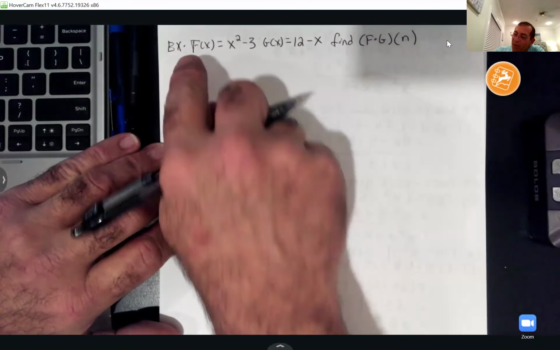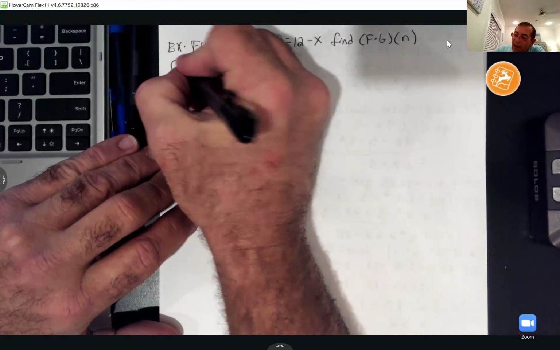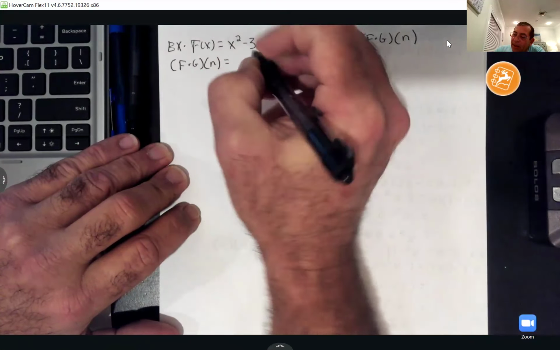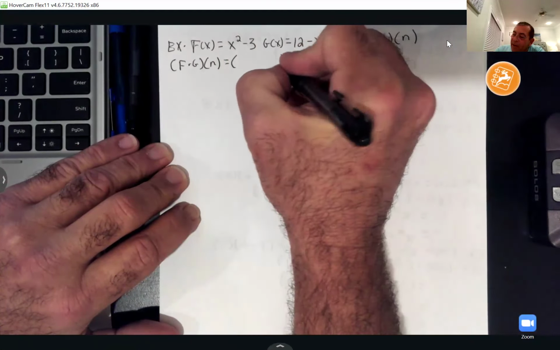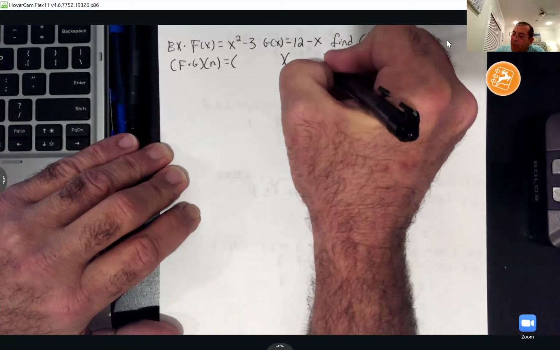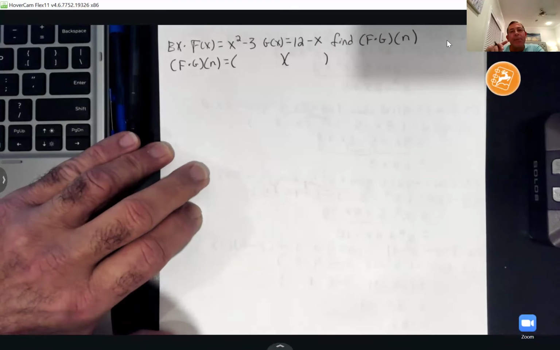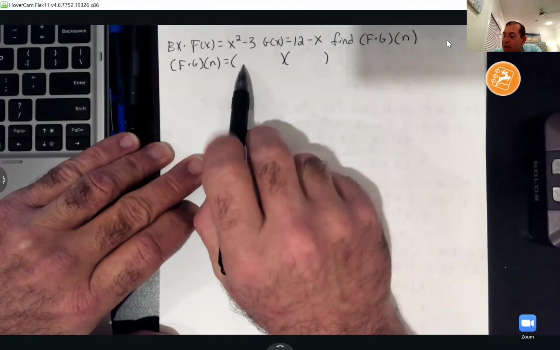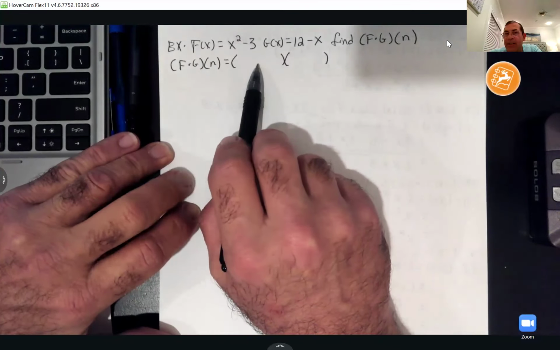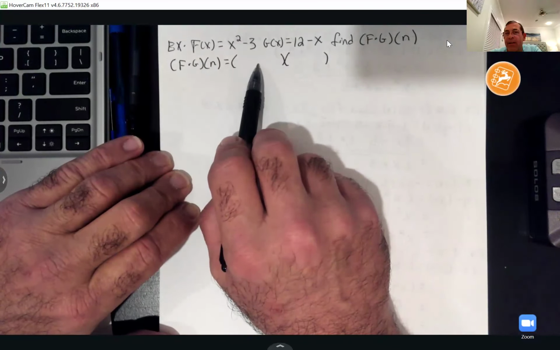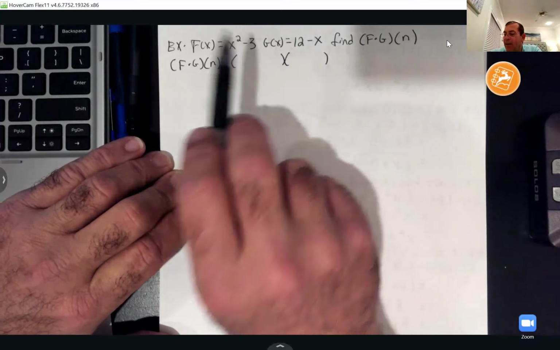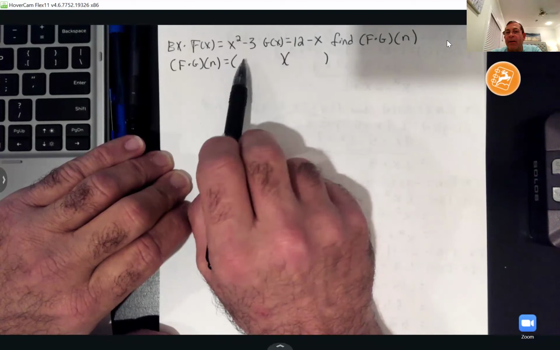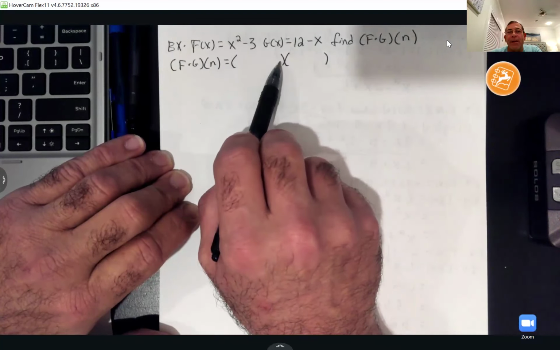So let me bring this over here. F times g of a little n is going to equal my f times my g. But the question of the day is, what would I actually put into this first parentheses? Because you're not putting in an x squared minus 3 here. What do y'all think?